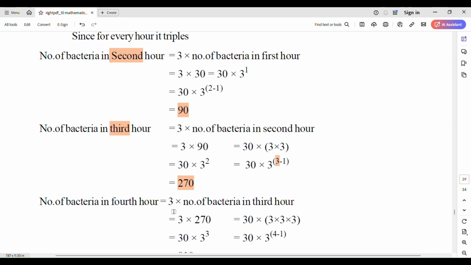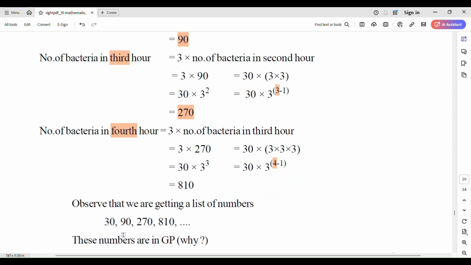And in the fourth hour, it will be 3 times the previous one, that is 3 into 270, which you can write as 30 into 3 into 3 into 3. Relating it to the fourth hour, it will be 30 times 3 to the power of 4 minus 1. So we can see the numbers here for the next 4 hours, how much the bacteria count will be.